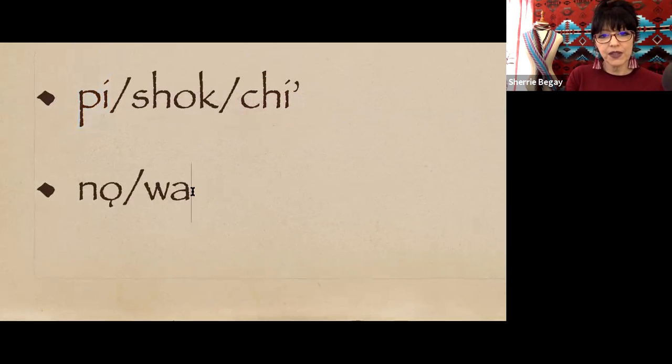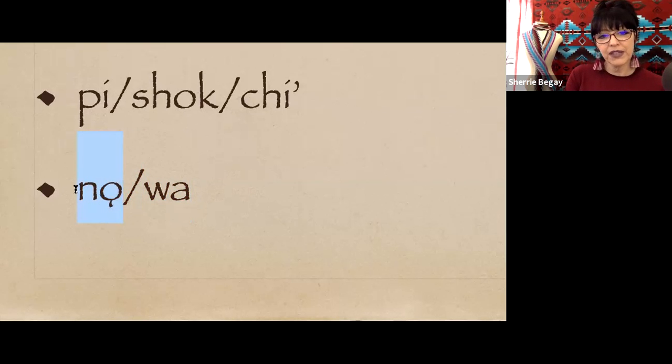Let's look at this one. This is the word to walk, which I gave an example of earlier. Nowa. It has a nasal O here, so that's why it's nowa through the nose. Okay, does this one end in a short vowel? Yes, it does. It's just an A. Does this one end in a short vowel?